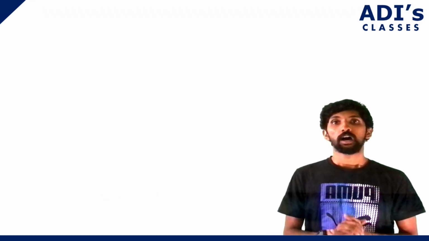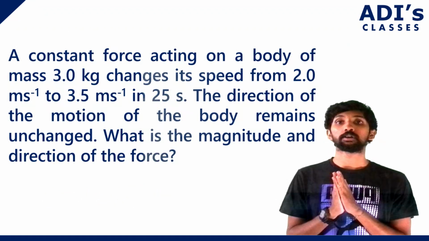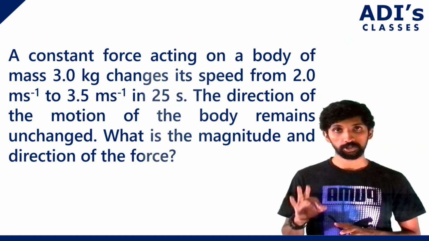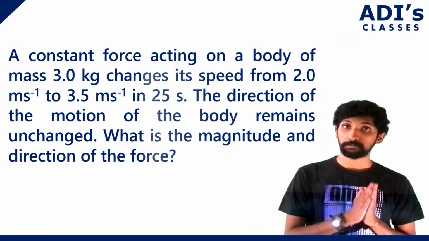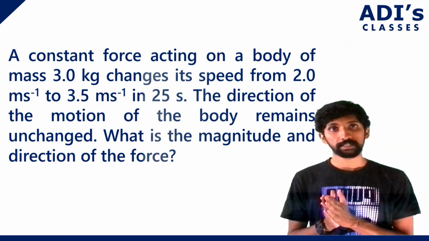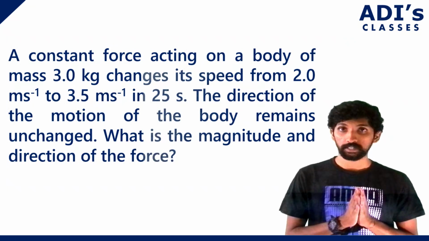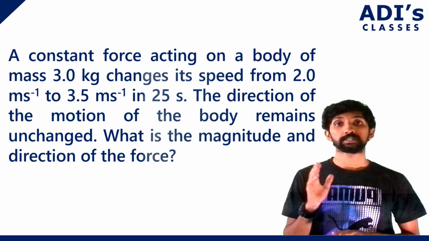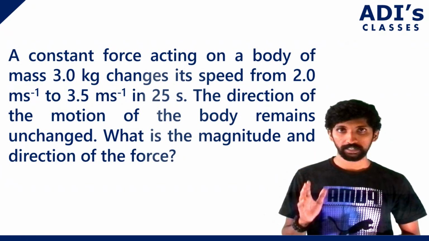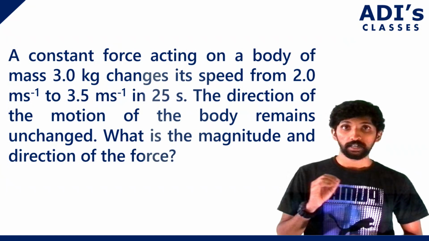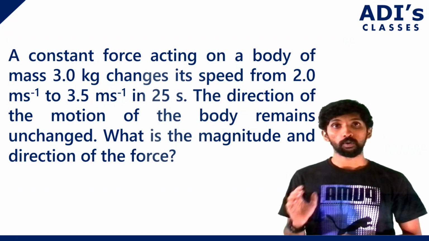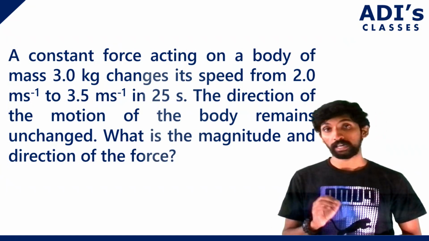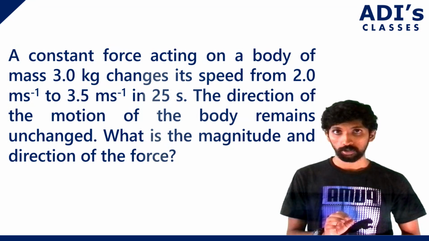So next one is a constant force acting on a body of mass 3 kg changes its speed from 2 meter per second to 3.5 meter per second in 25 seconds. The direction of the motion of the body remains unchanged. What is the magnitude and direction of the force?